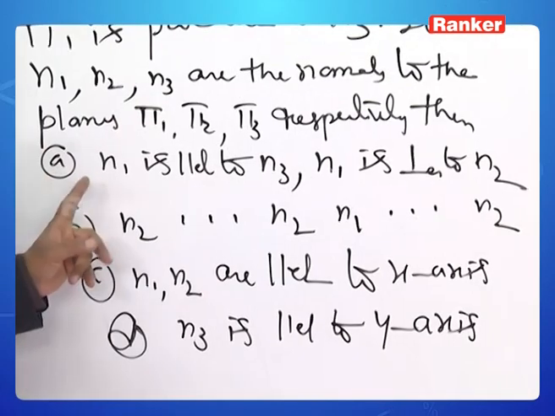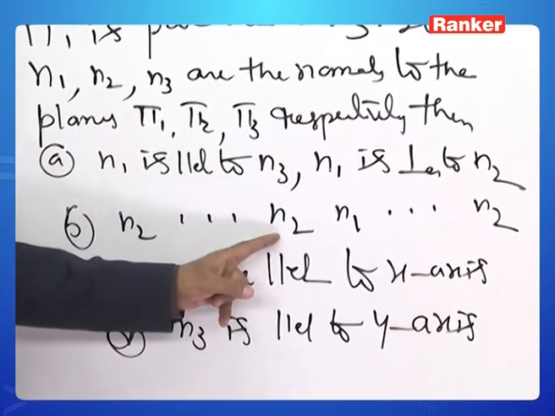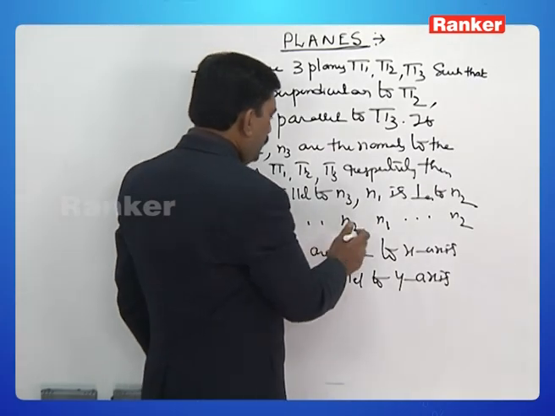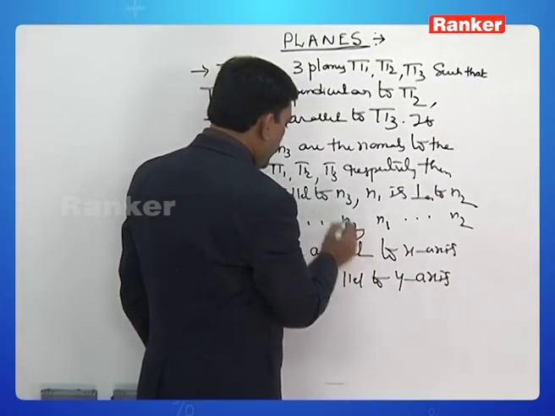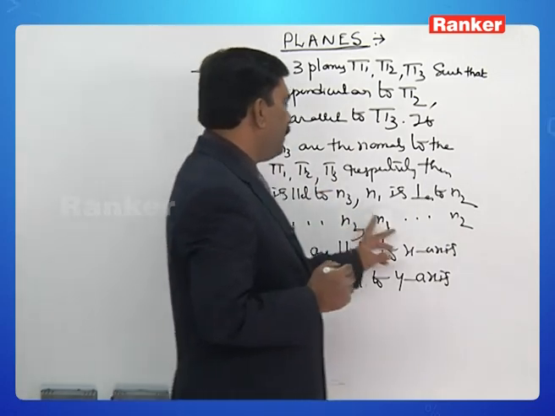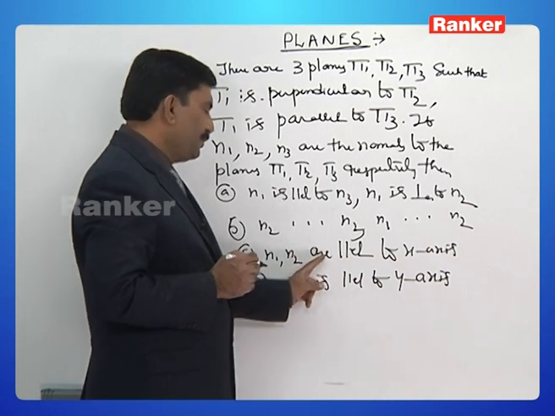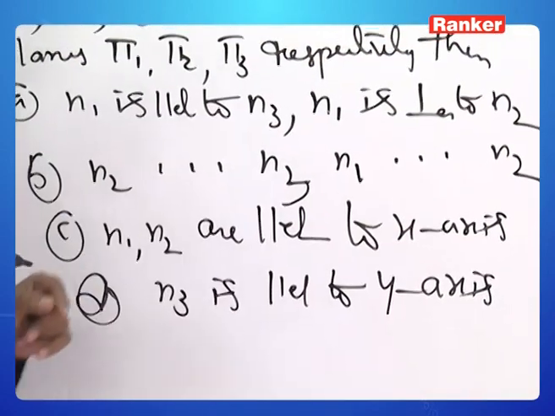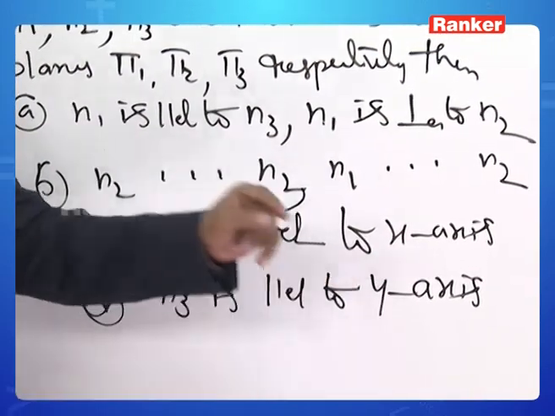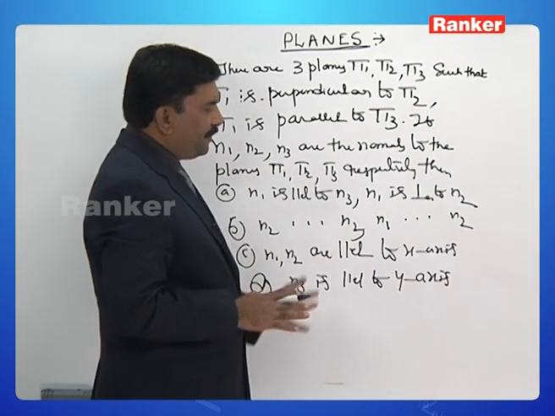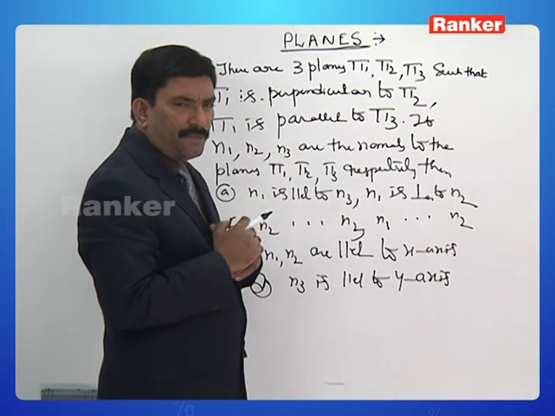Next, n1, n2 are parallel to x-axis, n3 is parallel to y-axis. First, read the given data carefully.